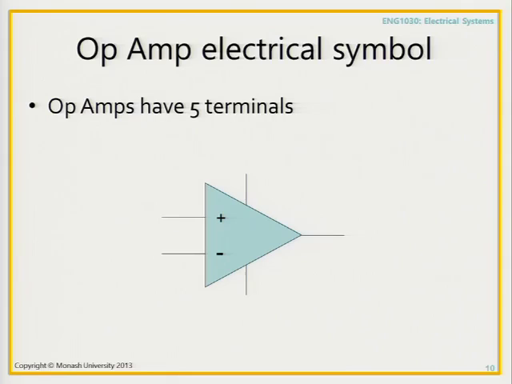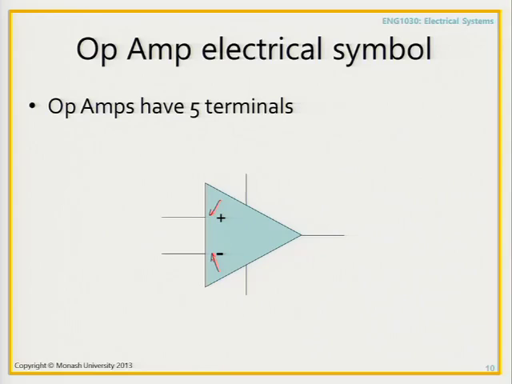Now, how do we represent an op amp in our circuit diagrams? This is the symbol for the operational amplifier. It's a triangle with 5 terminals. They're all terminals: this one, this one, this one, this one, and this one. Importantly, there is a plus and a minus symbol on these 2 terminals over here.